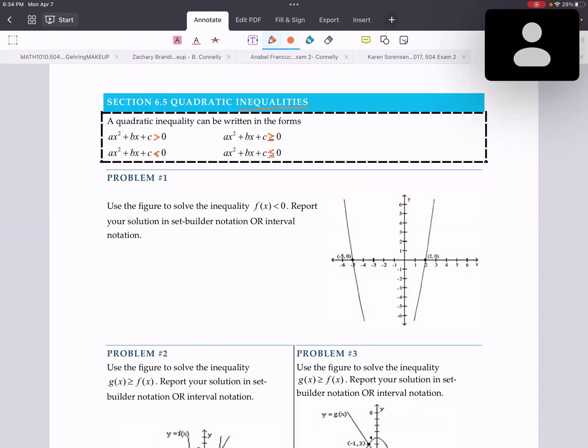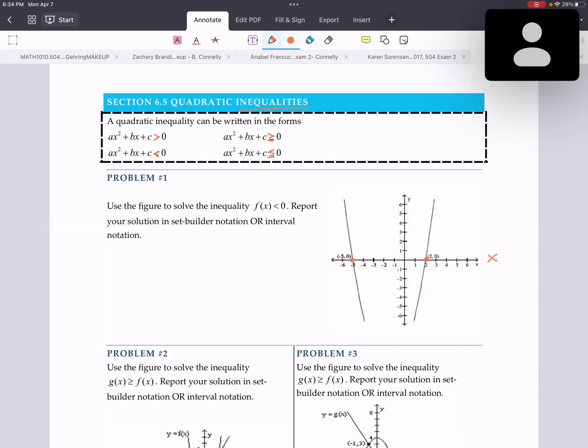So we're going to solve these in a similar way to what we did with an equal sign, by trying to factor that quadratic. Because remember, when it's equal, the equal part is where they're crossing the x-axis.